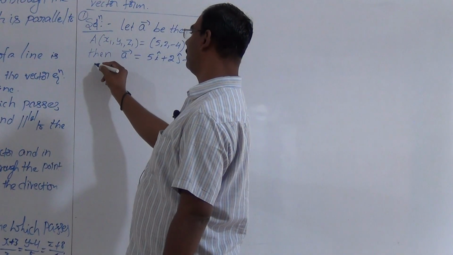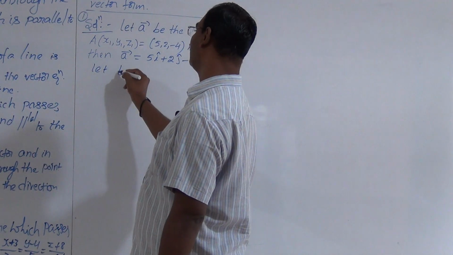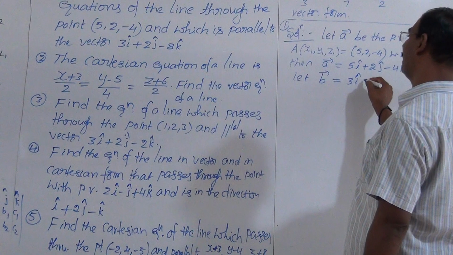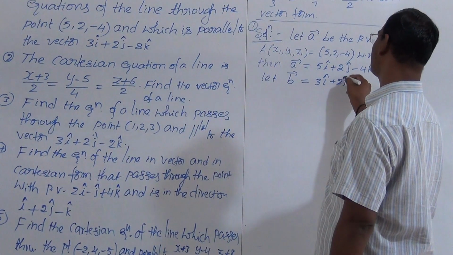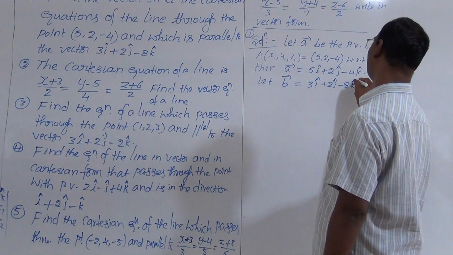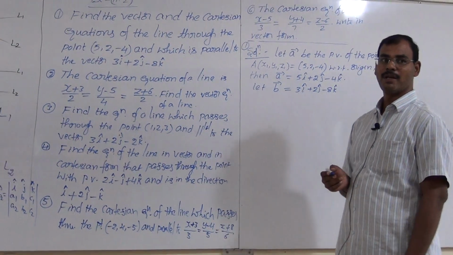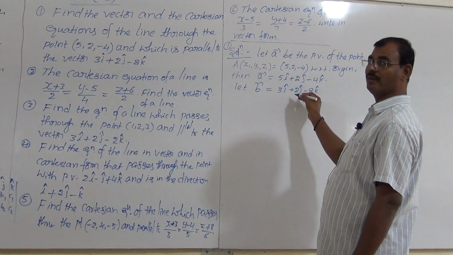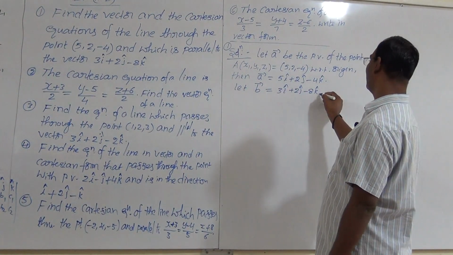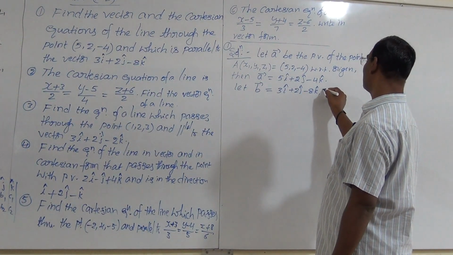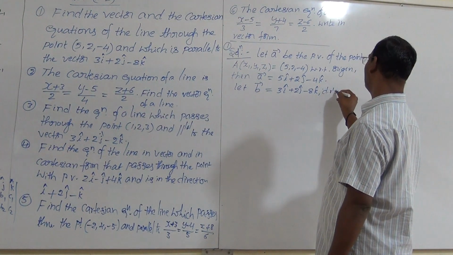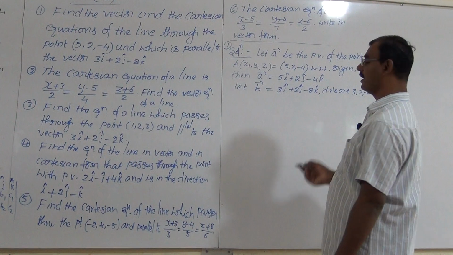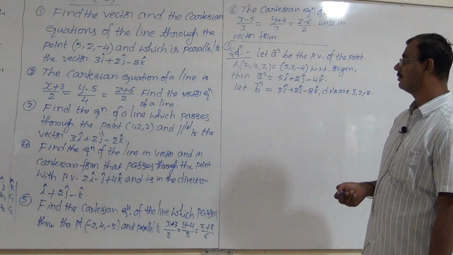So let b bar be equal to 3i plus 2j minus 8k, already given in vector form. This means the DRs of the line. What are the DRs here? The DRs are 3, 2, minus 8.